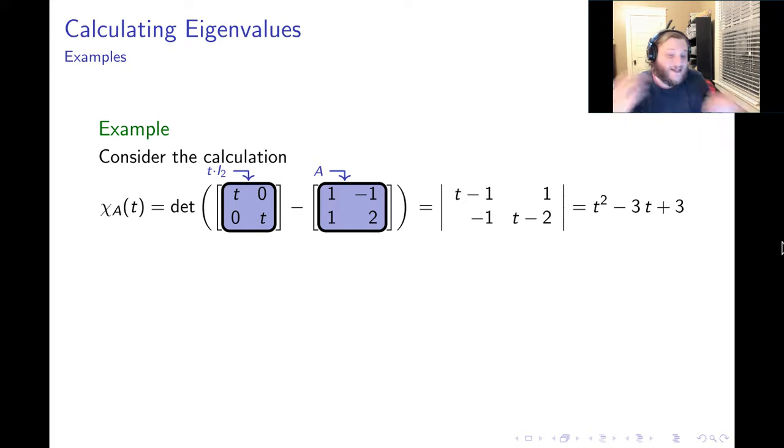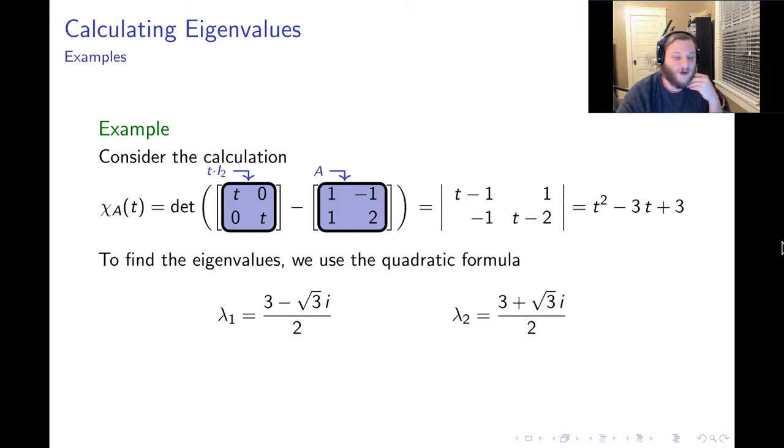But that's not a problem, because for quadratic polynomials, we have the quadratic formula. So I applied the quadratic formula and found the two roots. Lambda 1 is the first root, which is (3 minus root 3 i) over 2. And lambda 2 is our second root, which is (3 plus root 3 i) over 2.